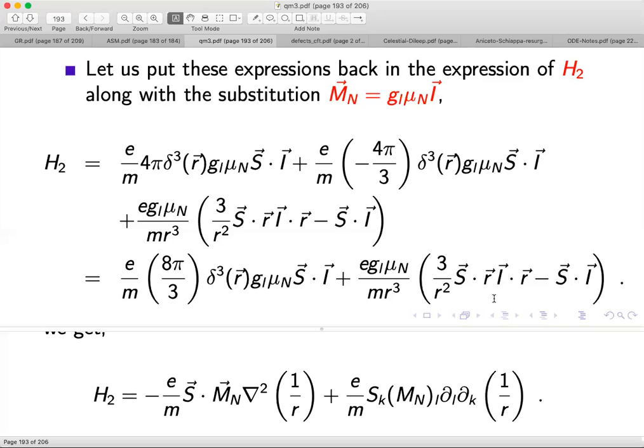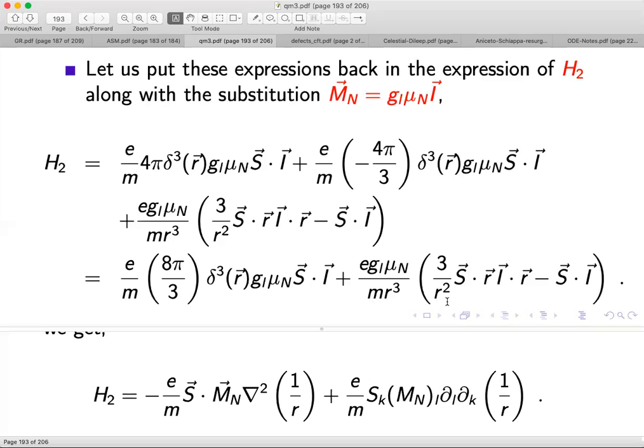The second term depends on which value takes a larger magnitude, which decides whether it is positive or negative. If this quantity is larger, then it is an attractive piece. If this quantity is larger, then it's a repulsive piece. So depending upon different values, you get different answers.